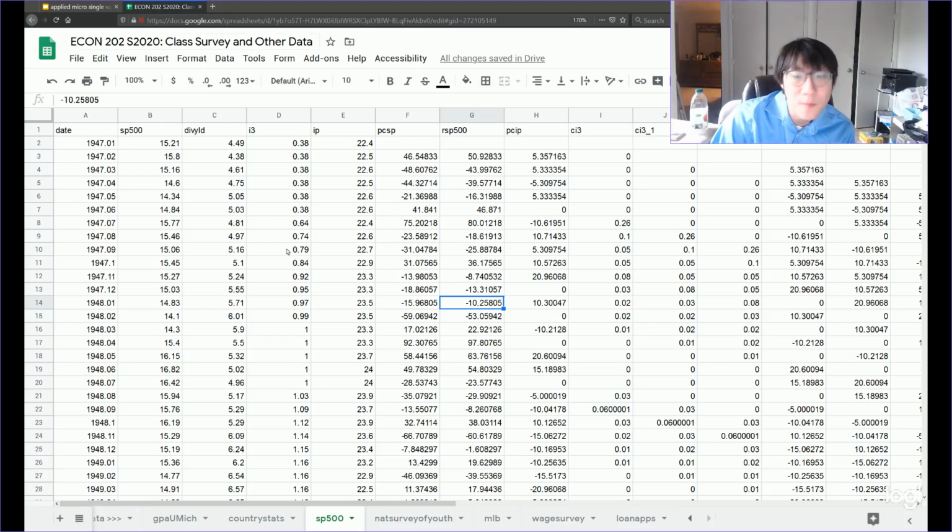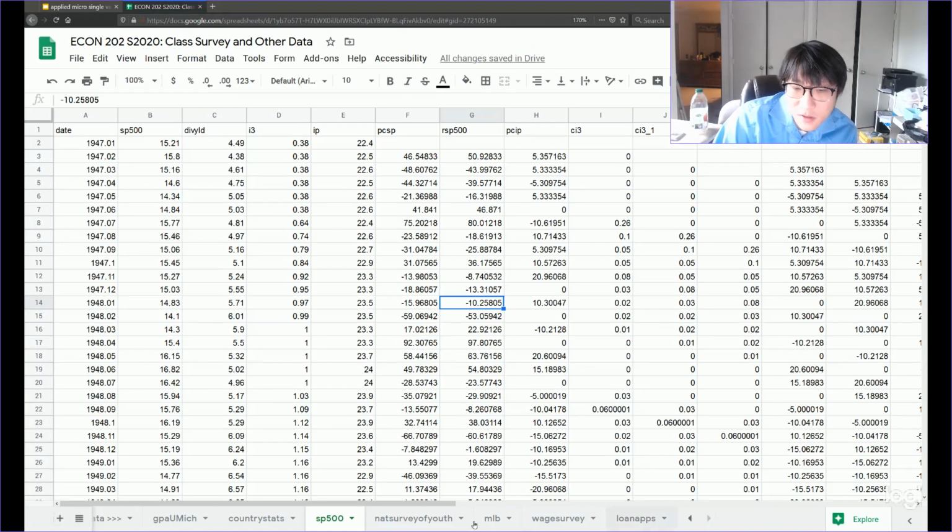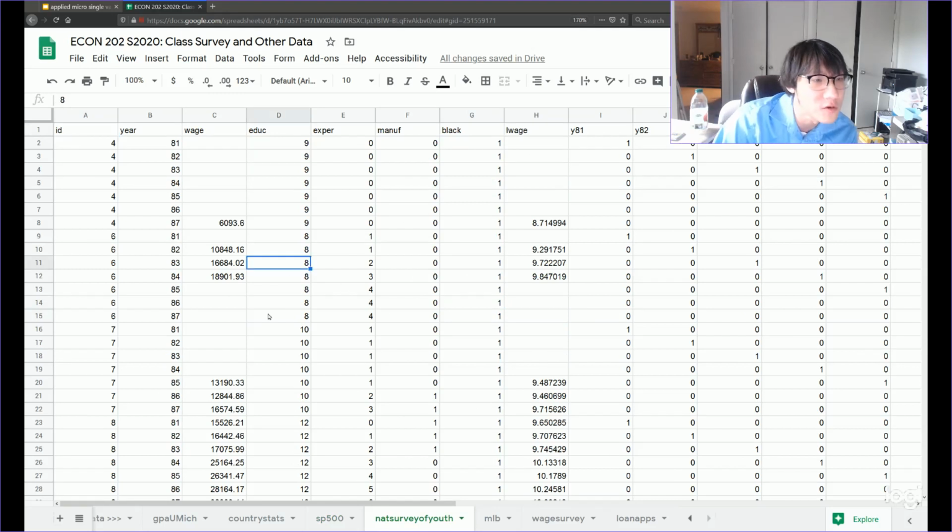Now you go, so what is the alternative to either of those? Well, you could, in theory, have a data set that has variation across both units or individuals and across time. And that is known as a panel or longitudinal data set. So for an example of that, have a look at this National Survey of Youth, okay?